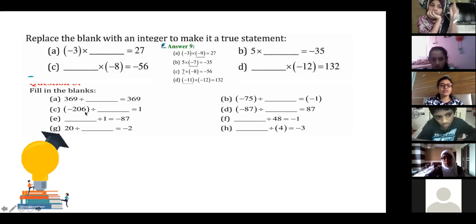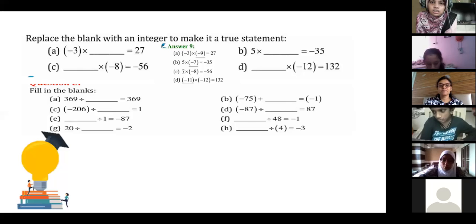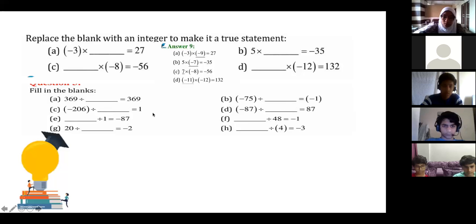Minus 206 divided by dash. Let Muazzam answer. What will be the answer, Muazzam? Minus 206 divided by dash is equal to 1. Minus 206.